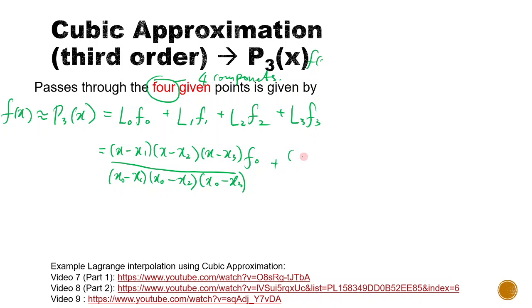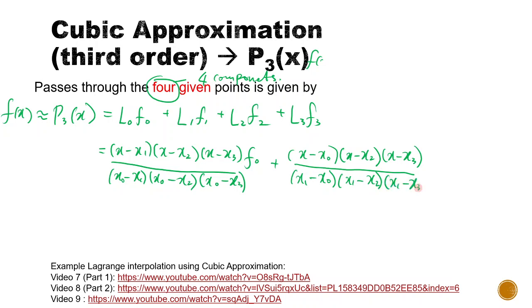Then for the second component, x minus x0, x minus x2, x minus x3, over x1 minus x0, x1 minus x2, x1 minus x3, times f1. Then plus the third component, which is L2: x minus x0, x minus x1, x minus x3.